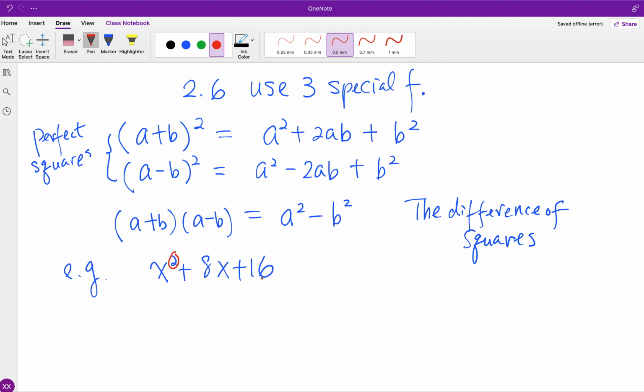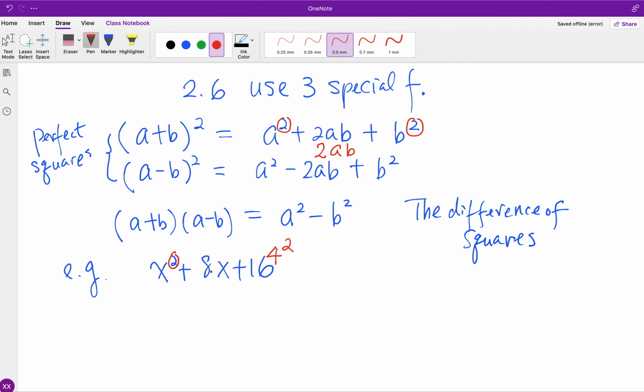My last term is also a perfect square, which is 4 to the power of 2. So take a look at this formula here. This is a number or variable to the power of 2. The last one is this one to the power of 2. Now what is the middle term? The middle term is 2 multiplied by this a multiplied by that b. So that's the middle term.